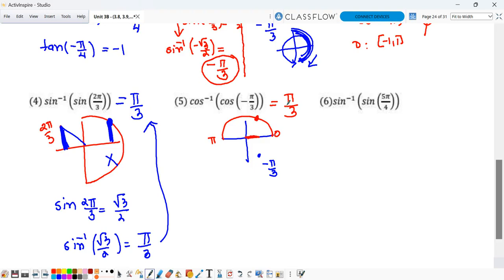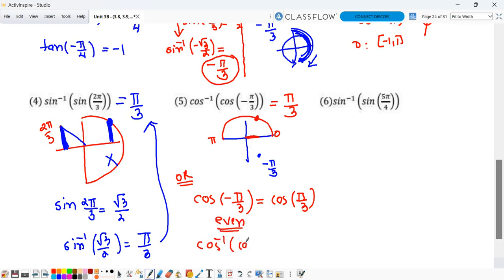Obviously, pi over 3. Alternate approach. Cosine is an even function, which means negative, positive, same. Which means cosine inverse of cosine of pi over 3, of course you will get pi over 3 back. So super cool, super easy.